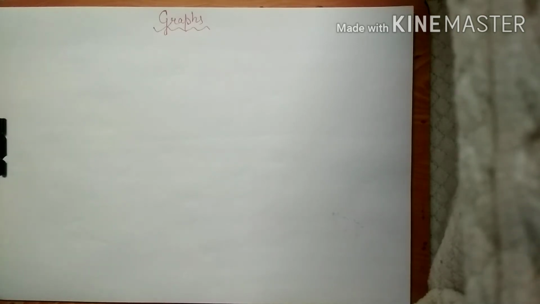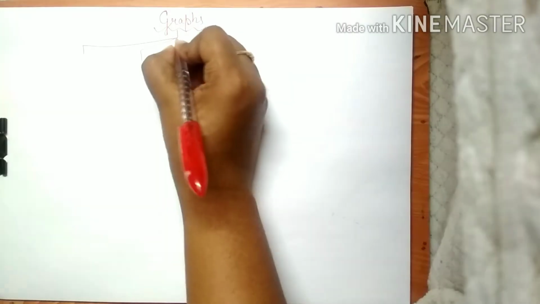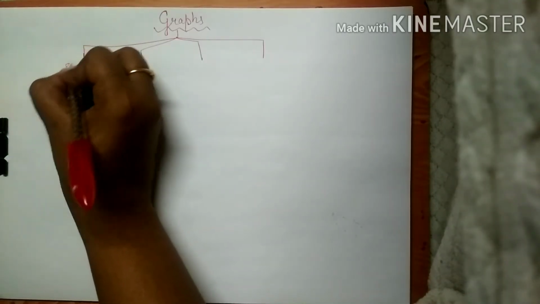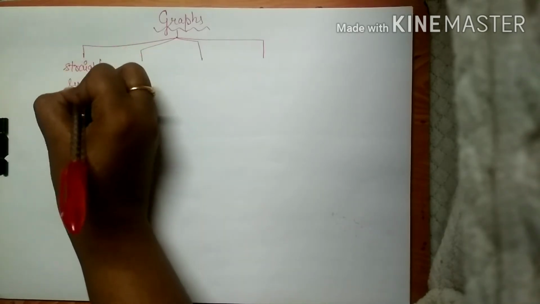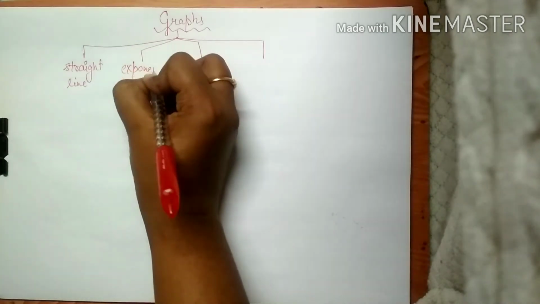So, under the topic General Concepts of Physical Chemistry, we are going to discuss graphs today. In graphs, we are going to cover four types of graphs. First will be your straight line graphs, second will be exponential graphs.